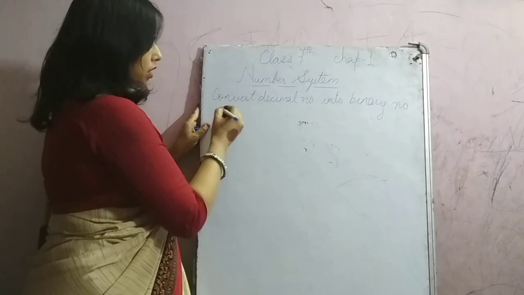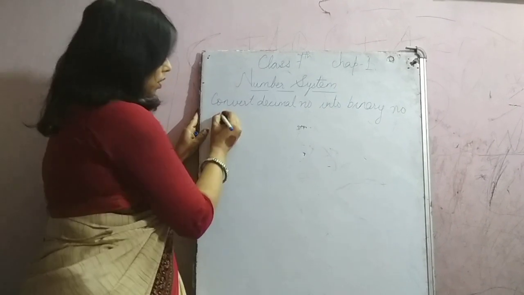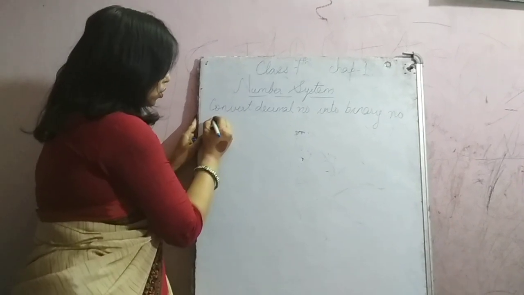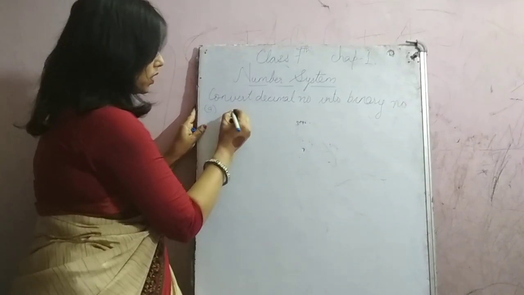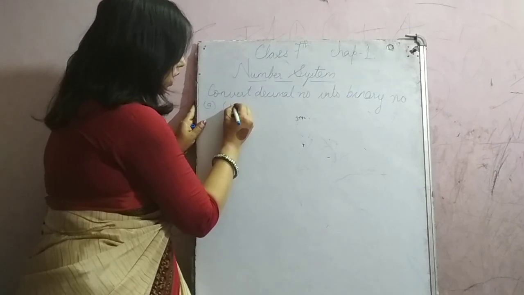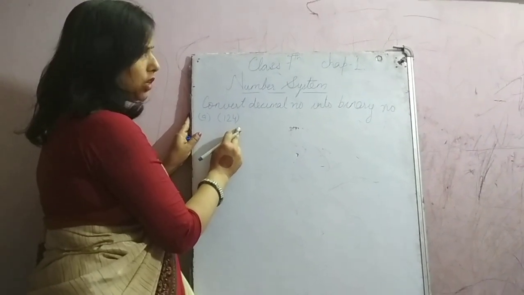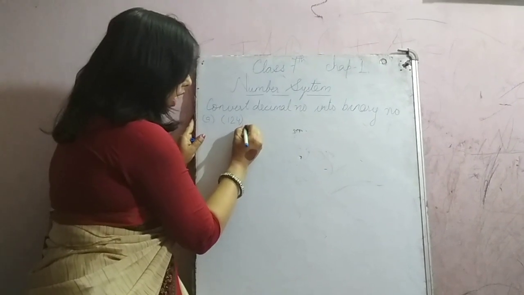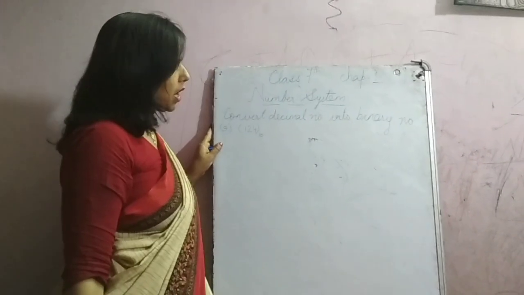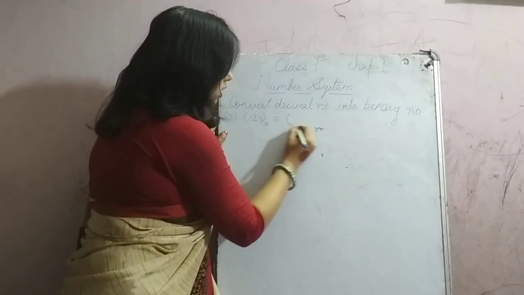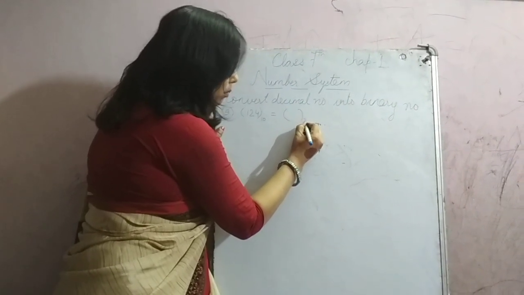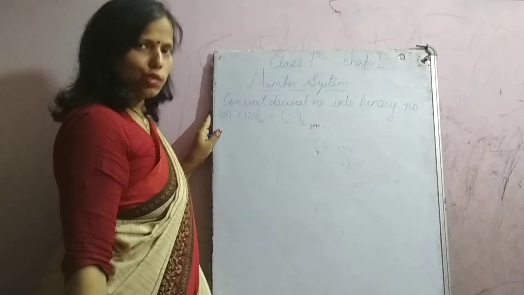First question is 124. What will be the base over here? Base will be 10 because it is a decimal number. And we have to convert it into binary number, so it will be base 2.